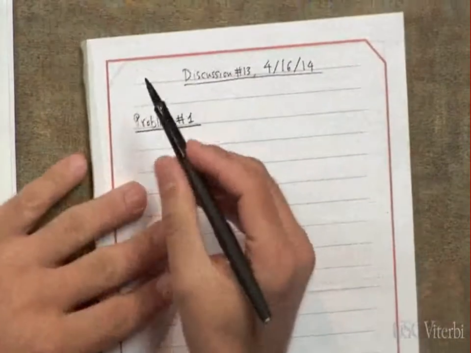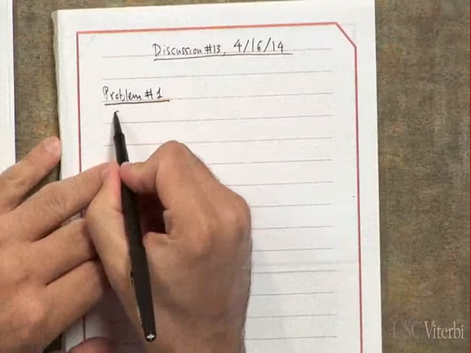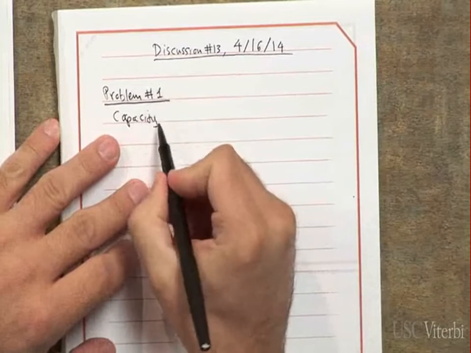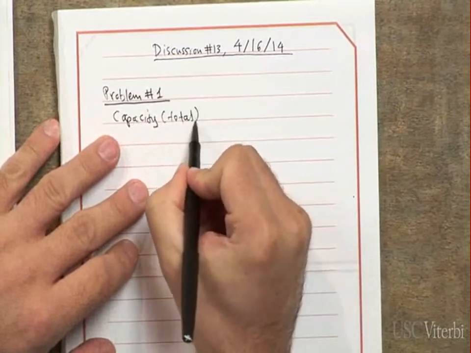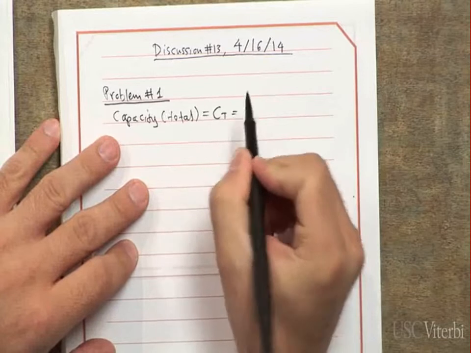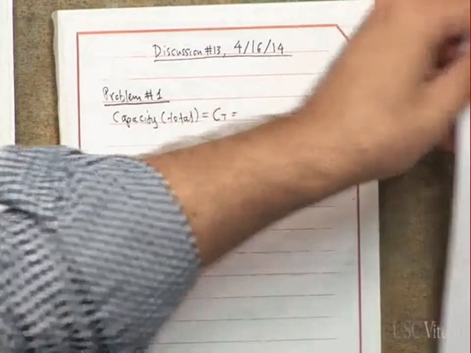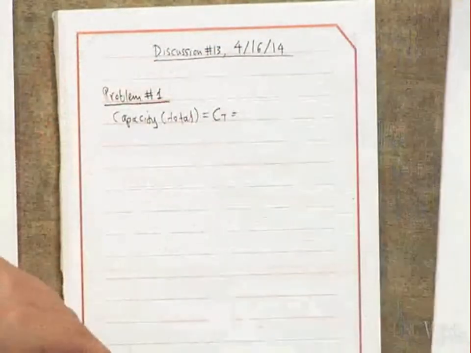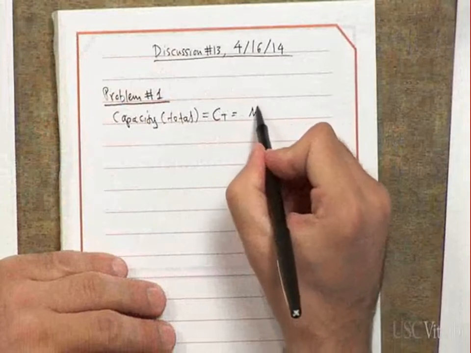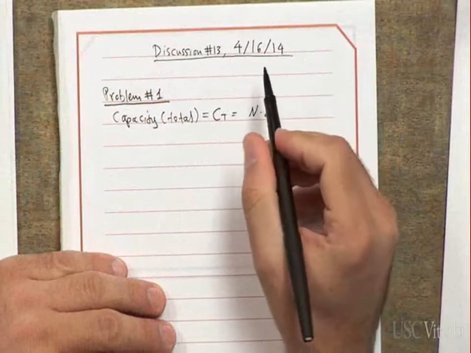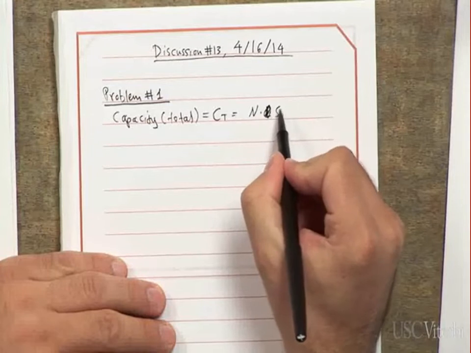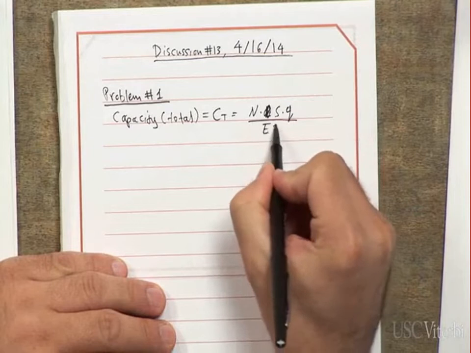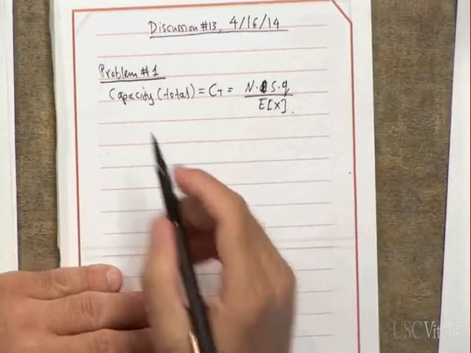So the total capacity, CT, equals, using the same notation, N times R, or over here we call it S. So I'm going to use N times S times Q divided by expected X. Okay?